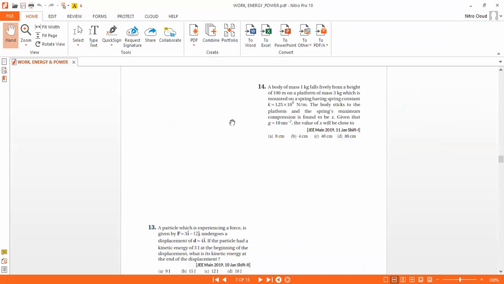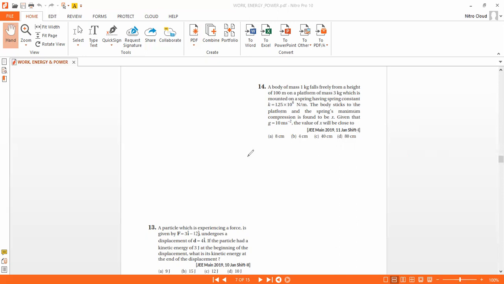A body of mass 1 kg falls freely from a height of 100 meter on a platform of mass 3 kg which is mounted on a spring having a spring constant k.